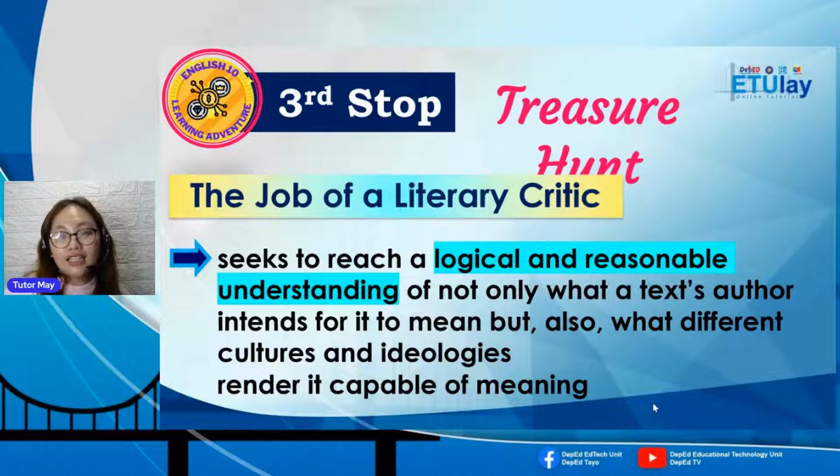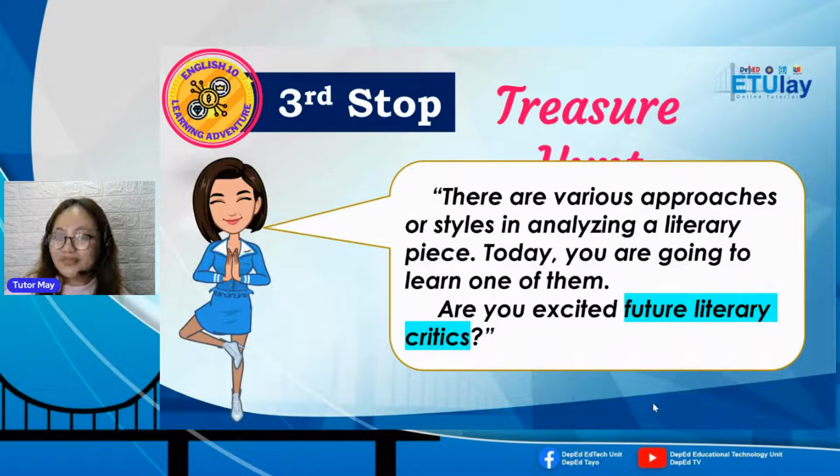Next, as a literary critic, you have to reach a logical and reasonable understanding of not only what a text author's intends to, but also what different cultures and ideologies render it capable of meaning. I know it's not easy to do a literary criticism, but we will try again. Magic happens when we try.